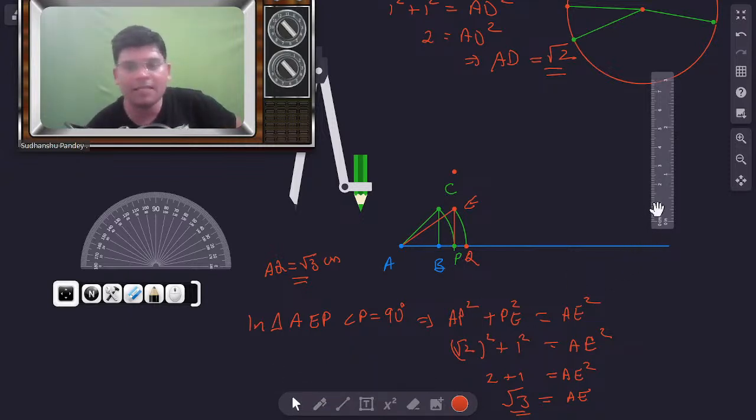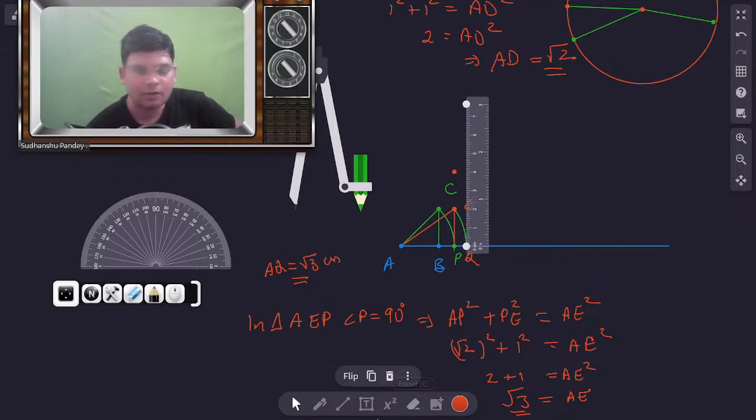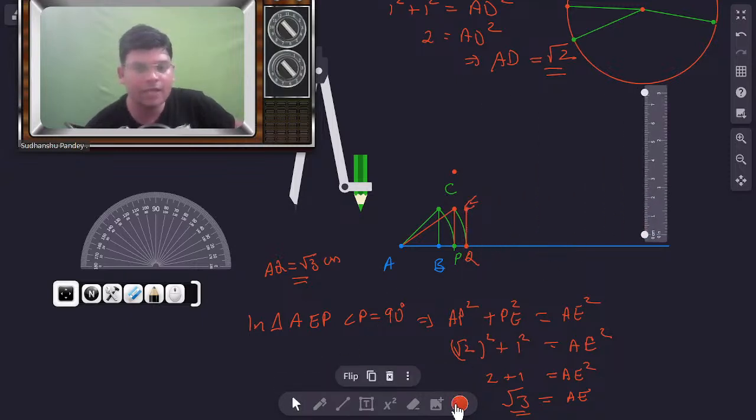Again, if we apply the same process here, and again if we draw a 1 centimeter line from here to here, and if I again join these two lines, please see this carefully.